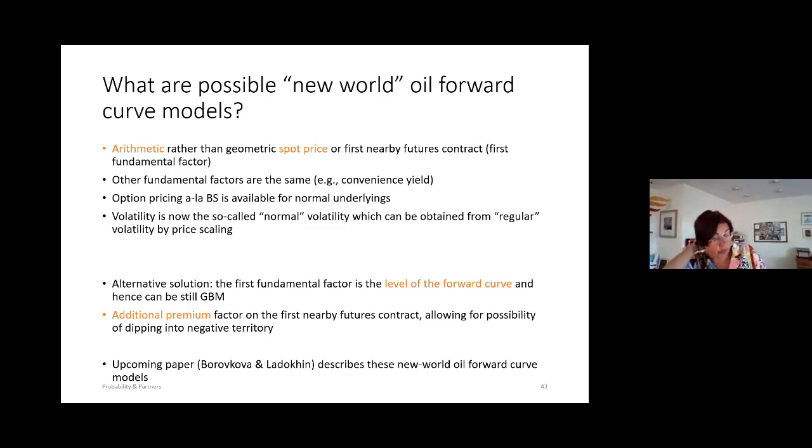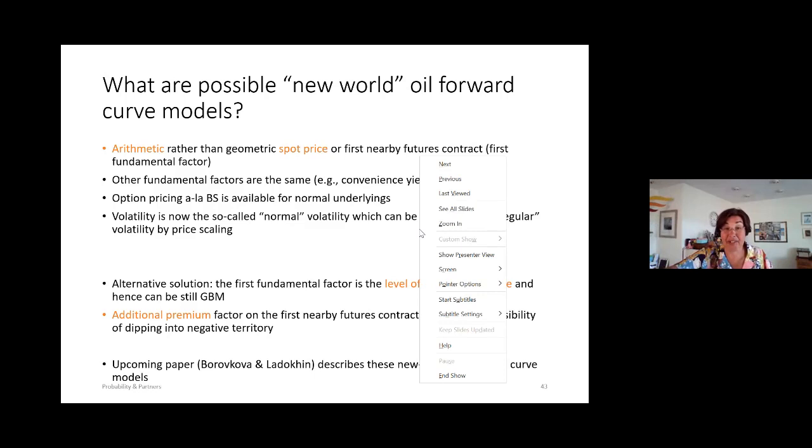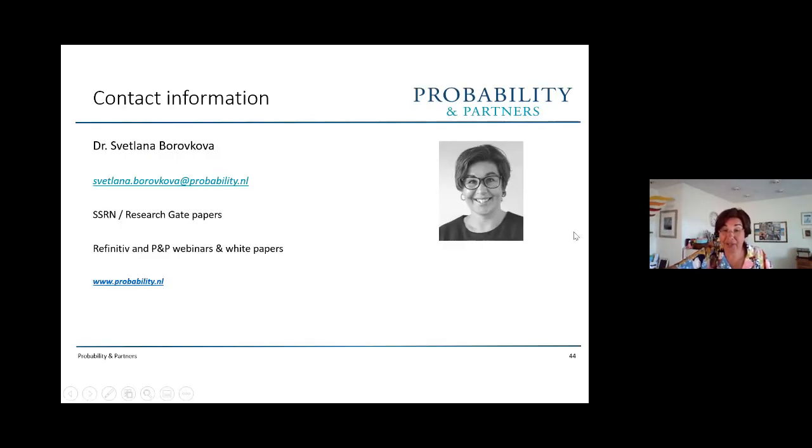And the upcoming paper is where we are describing those models and working them out. So I hope to be able to present it to you at some point in person when we meet again face to face. So with that, I'd like to conclude, and I'm very much looking forward to your questions. I do understand my presentation today was very much twofold, or maybe even morefold, and so I'm very happy to take questions in terms of the economic trends, the consumer trends we see, portfolio implications, alternative data, sustainability, or negative oil prices.